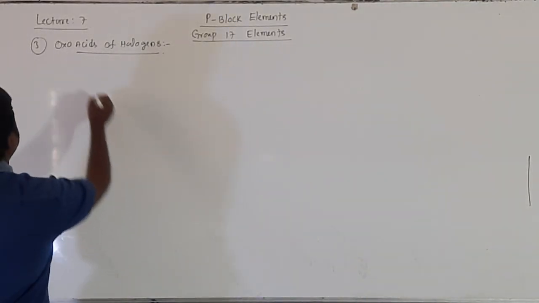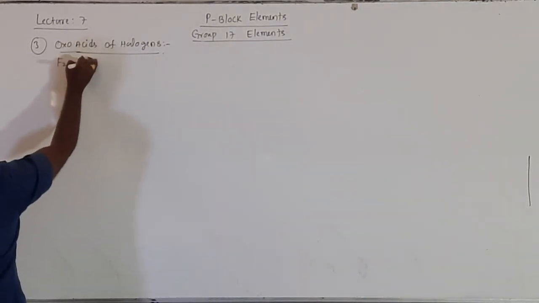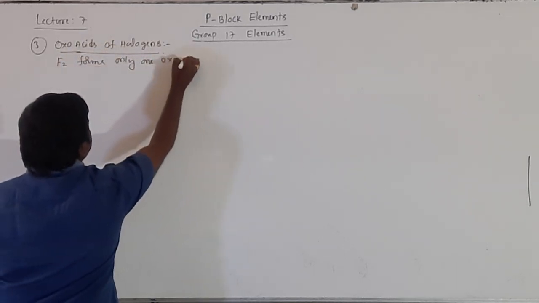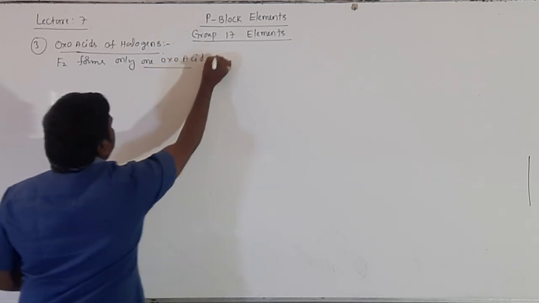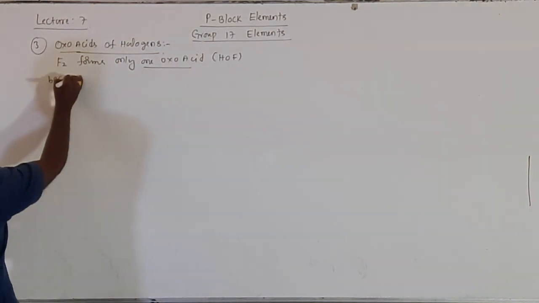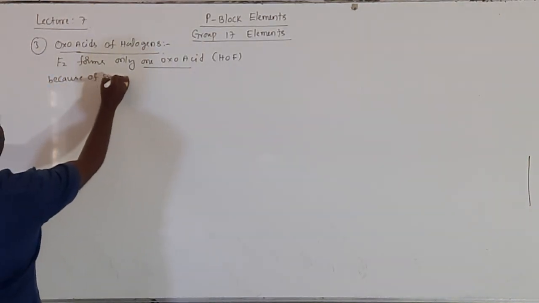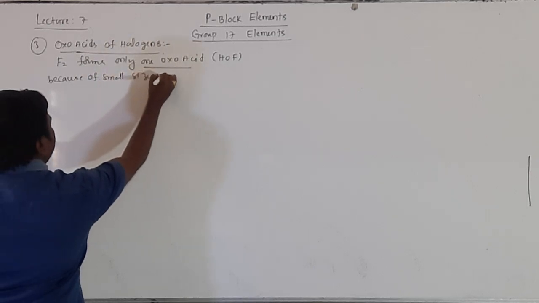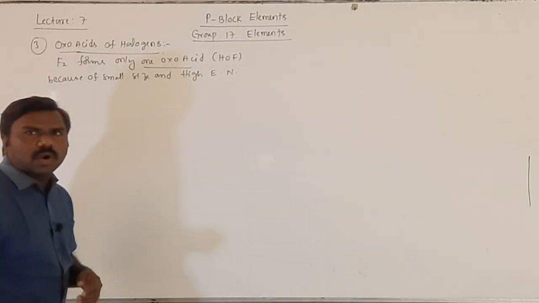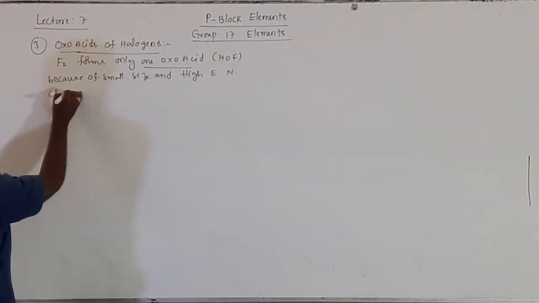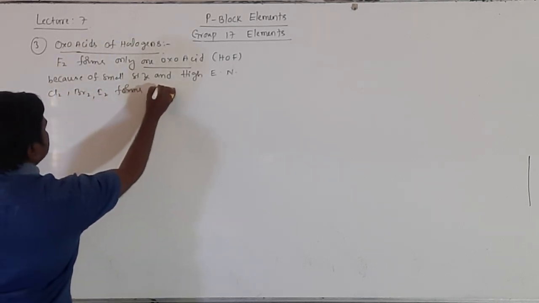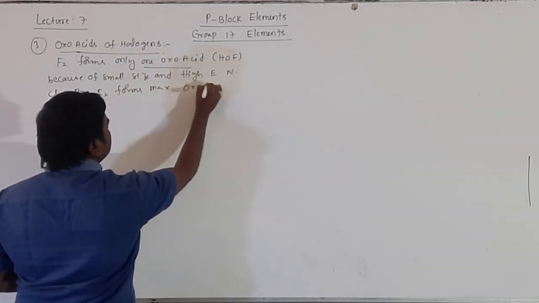Now, fluorine forms only one oxoacid, that is HOF, because of small size and high electronegativity. Okay. And chlorine, bromine, iodine form the maximum oxoacids.